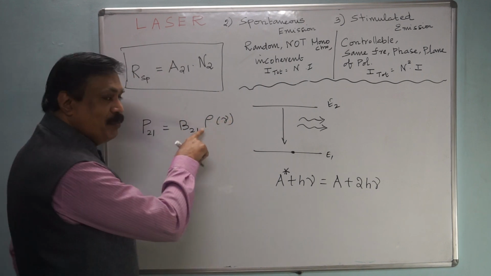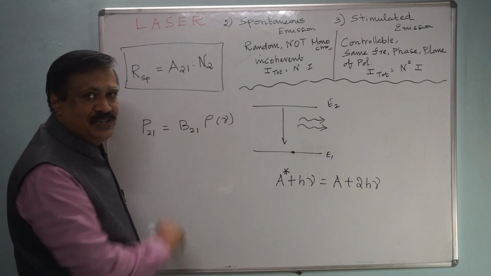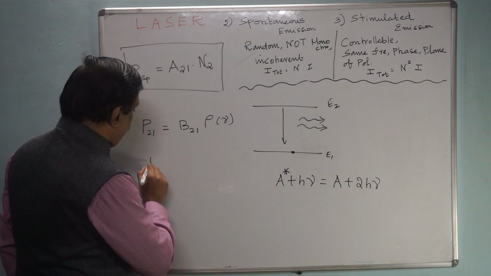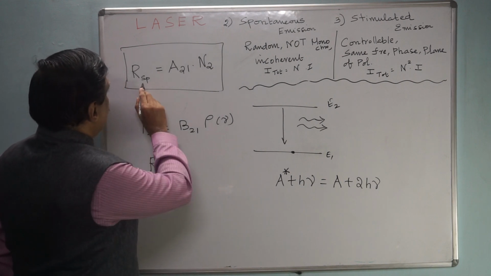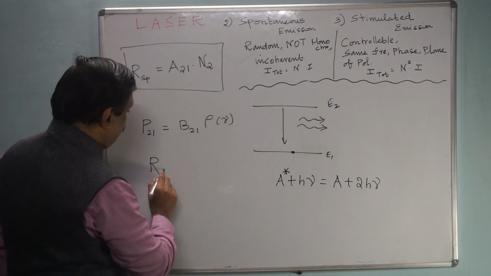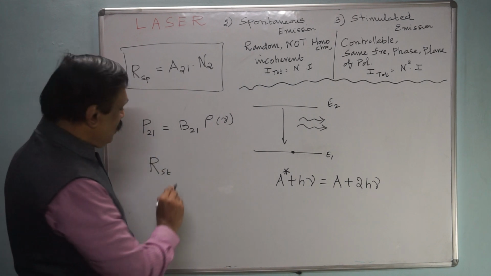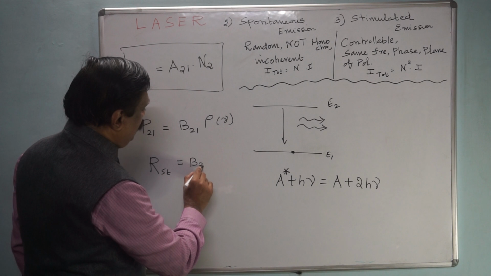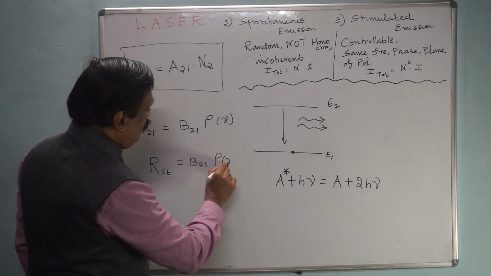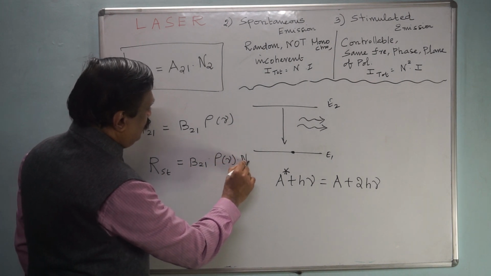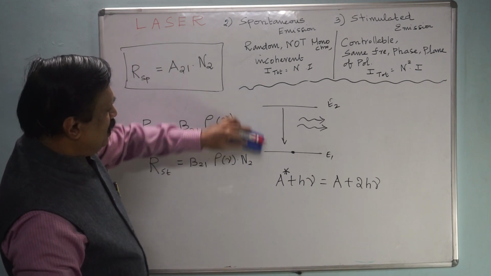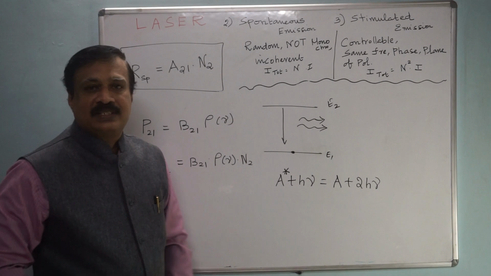It depends upon the photon density because we are giving photons. For spontaneous we wrote R, now stimulated, therefore you put ST, which is equal to B21 rho N2, because it depends upon the number of atoms in the second level.